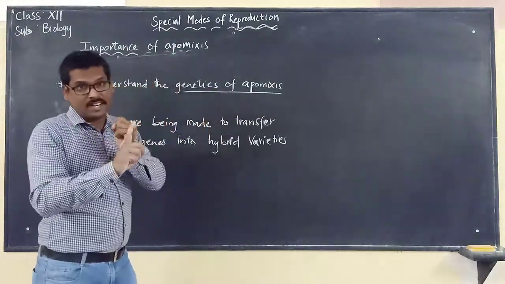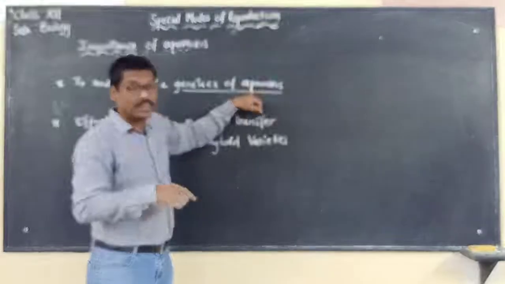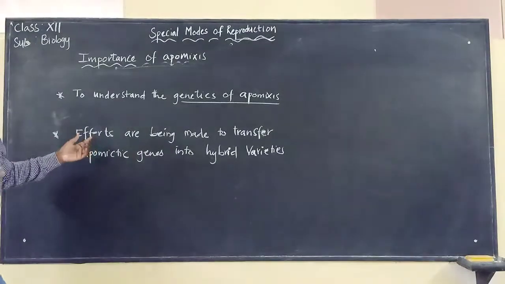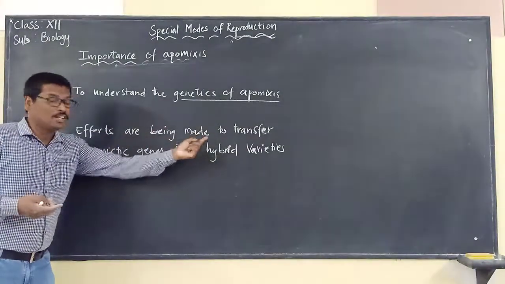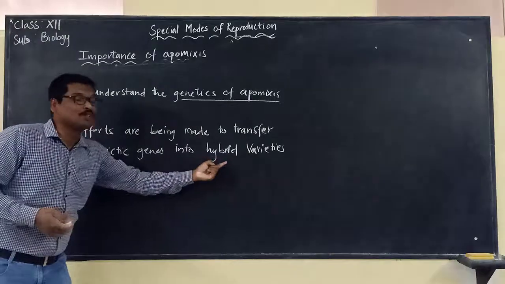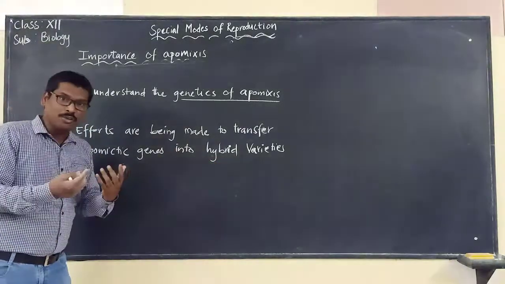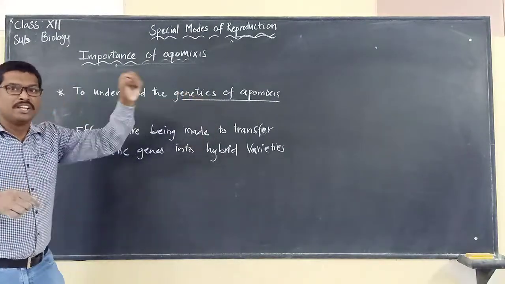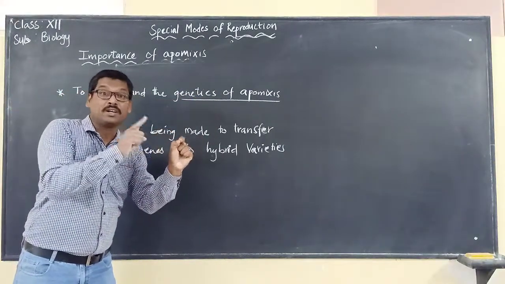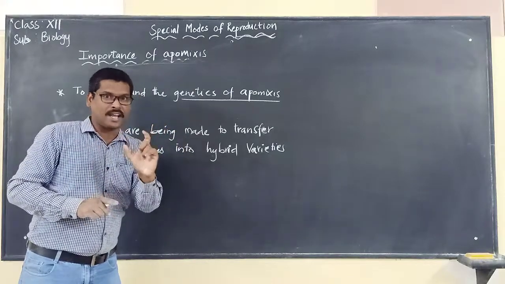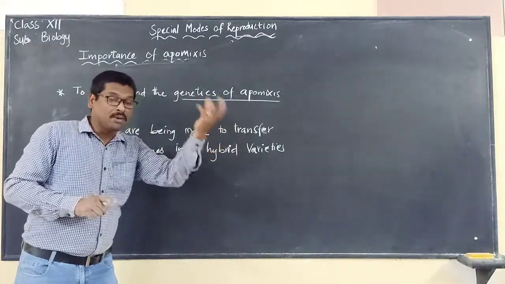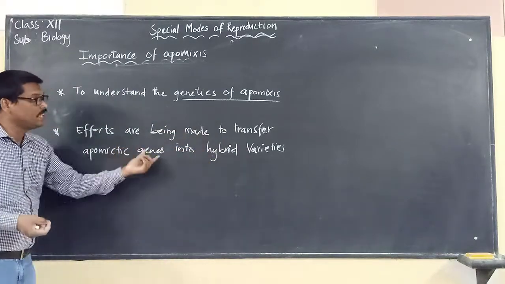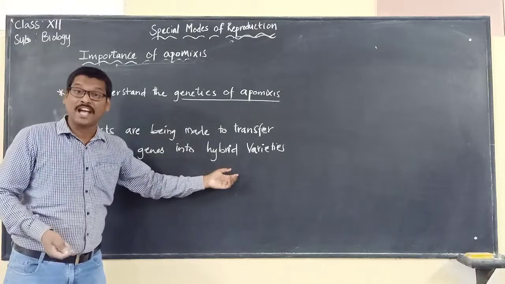Once they understand the gene that is responsible for apomixis, a lot of effort is being made to transfer the apomictic gene into hybrid varieties. Once they identify the gene responsible for the formation of seeds without fertilization, they want to transfer that gene into the hybrid varieties.